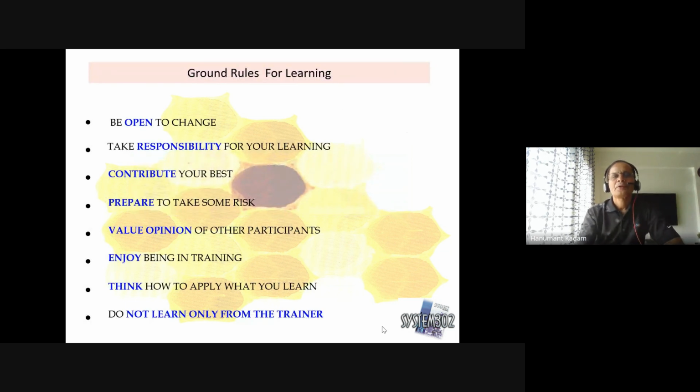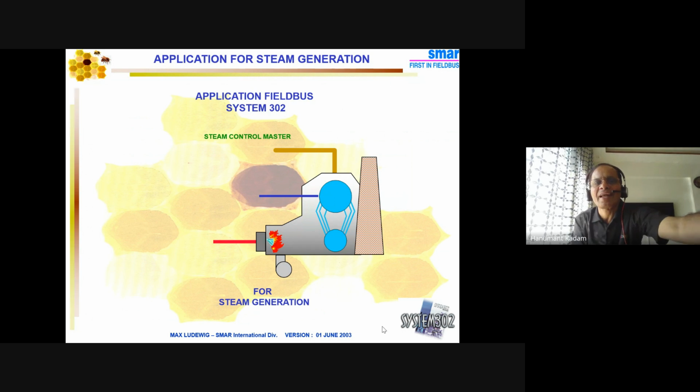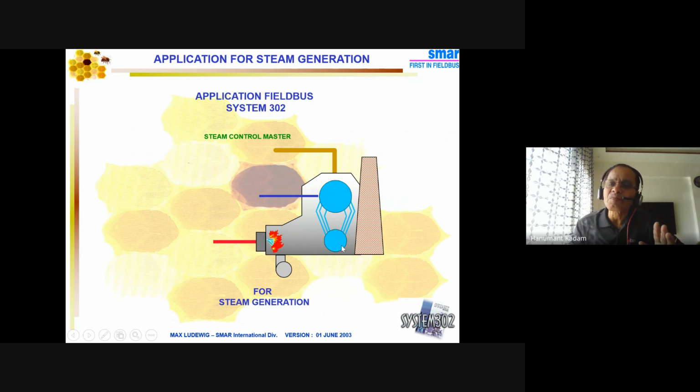So today's session is the application of steam generation, meaning the boiler. In this slide, how new technology like fieldbus helps will be highlighted. Here in this picture, you can see the burner, top drum, bottom drum, and chimney. Chimney means exhaust.